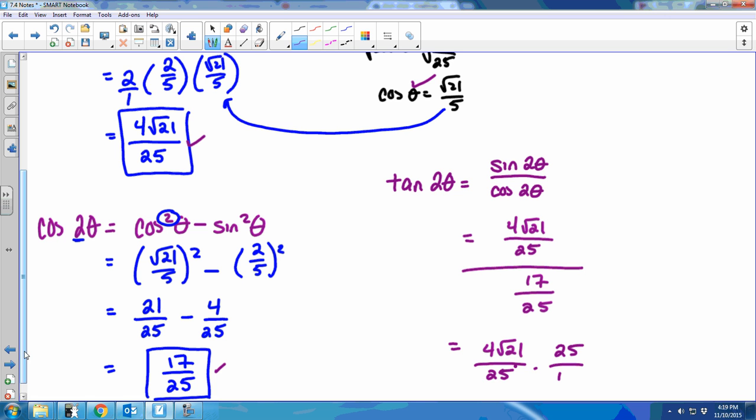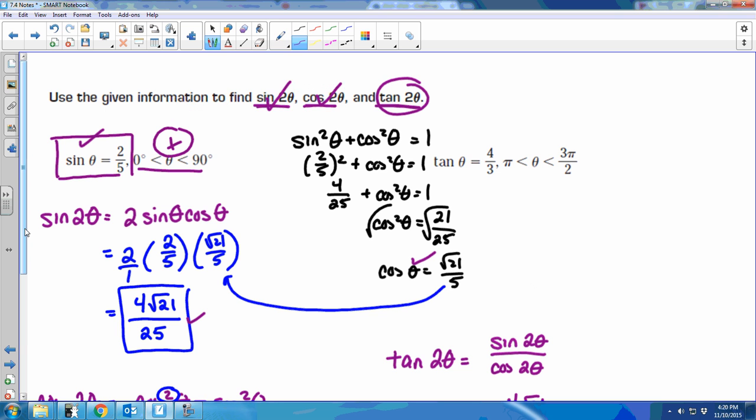So I multiply by the reciprocal. So there's tangent 2 theta. Again, this would also work if you found tangent from the originals and then went through and used the identity. Both of them are the same. Okay?